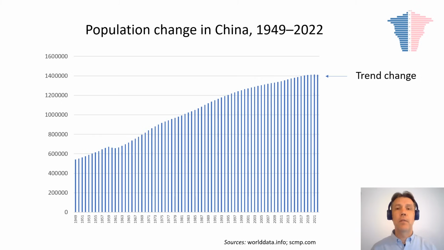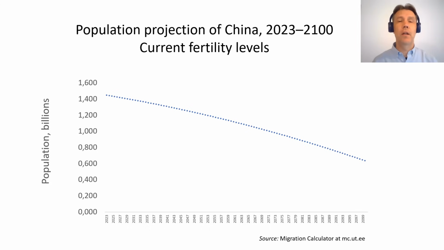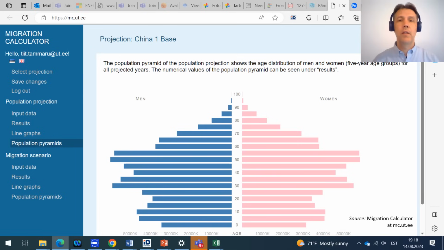The number of people entering the family ages is also in decline, and that means that the future population of China is dramatically decreasing, both because of the current low fertility rates and because the small generations born in the one-child policy period are in the family ages right now. So, if current fertility levels persist, the Chinese population will decrease dramatically, almost halving by the end of the century.